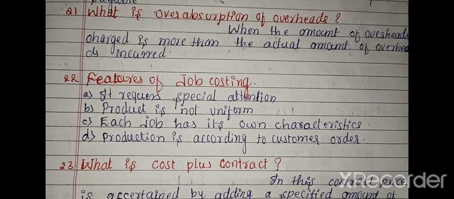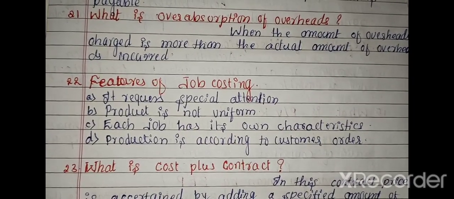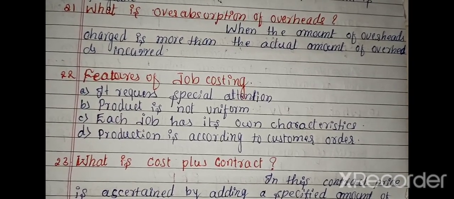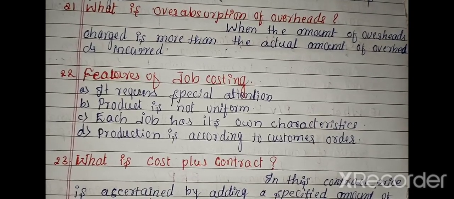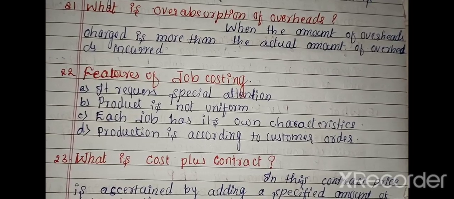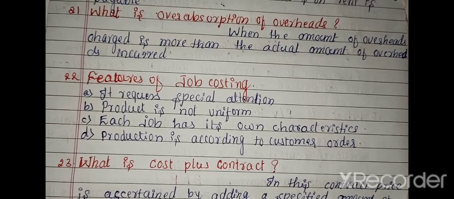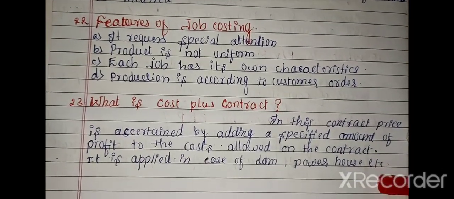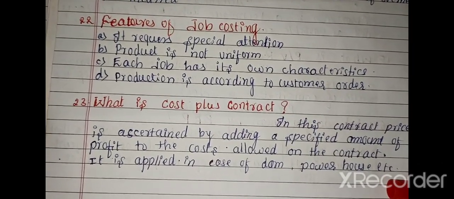Question number 21. What is over absorption of overheads? When the amount of overheads charged is more than the actual amount of overheads incurred, it is called over absorption of overheads. And question number 22, features of job costing.